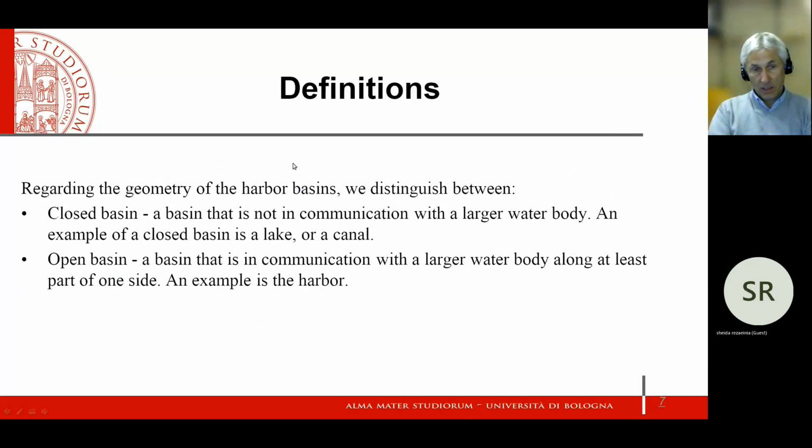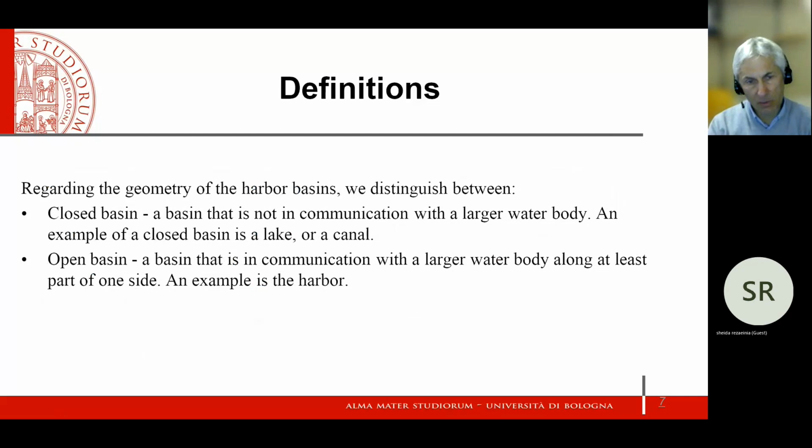Now let me go back to the presentation and let's move forward. Let me give some definitions before we start with the analytical treatment, and some of them I already anticipated. Regarding the geometry of the harbor, we distinguish between the closed basin and an open basin. The closed basin is not in communication with a larger water body. An example of a closed basin is a lake or a canal.